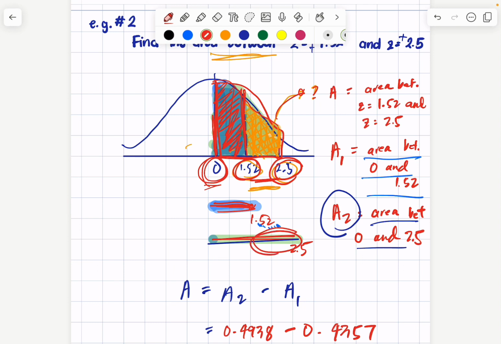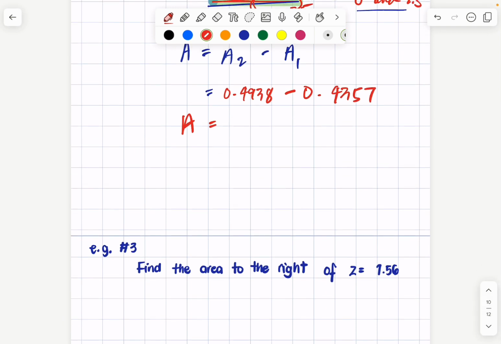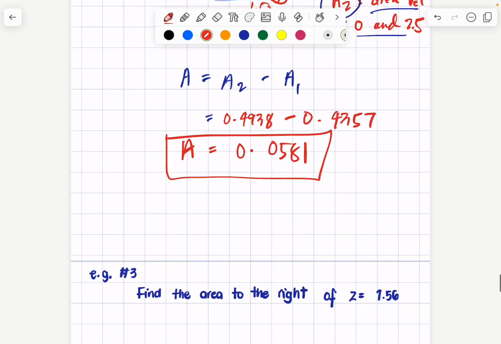So kani nga part, or dinhi nga part, ang mabilin. So input dayon nimo siya sa calculator. 0.4938 minus 0.4357. So that will be 0.0581. This will be your area.